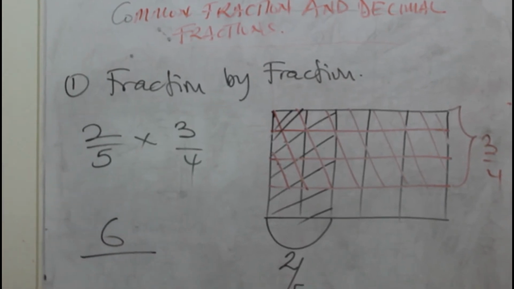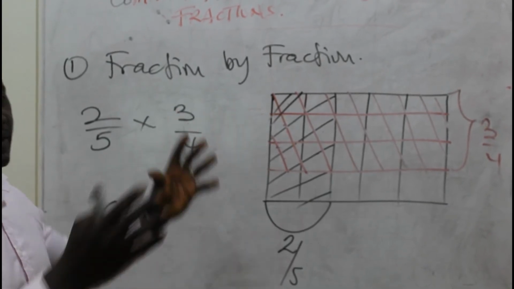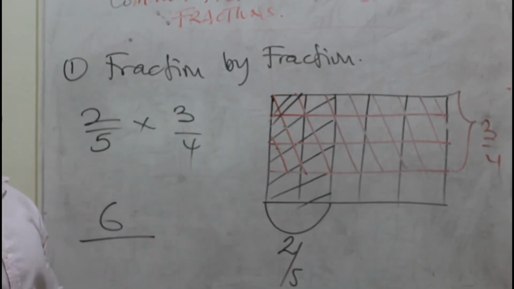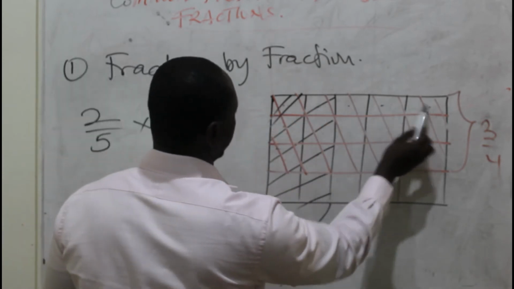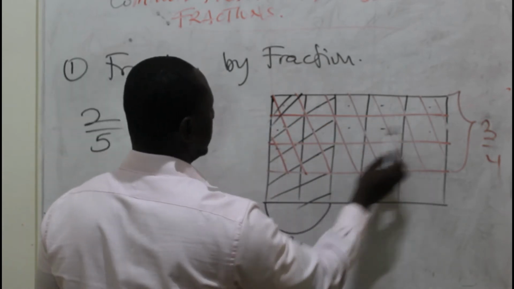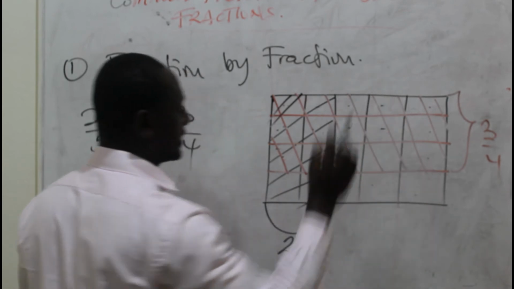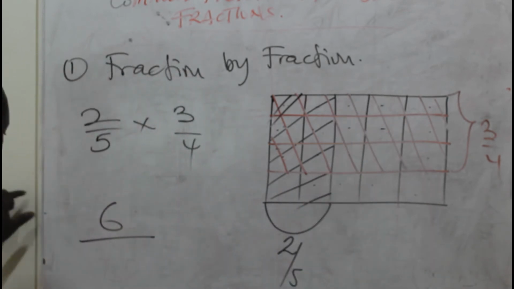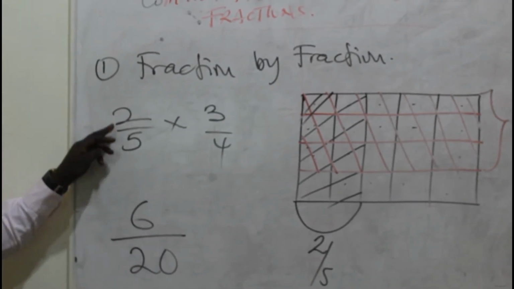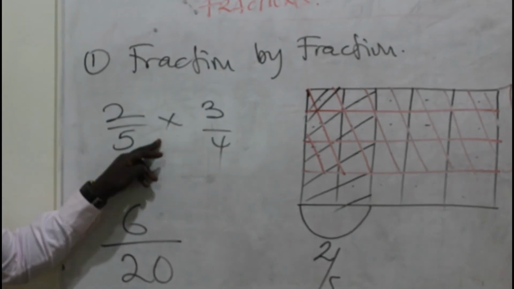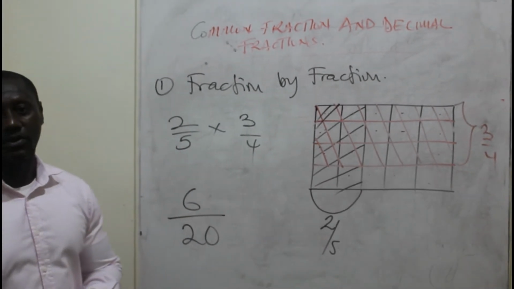And that is going to be the numerator. And then we look for the number of equal divisions involved in all. So we count 1, 2, 3, up to 20. And that gives you the denominator. And which is telling us that 2 over 5 times 3 over 4 is going to give you 6 out of 20.